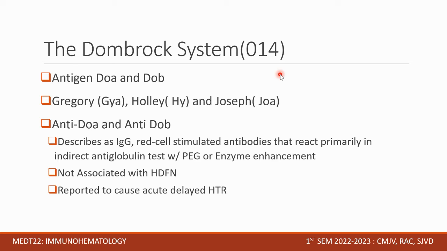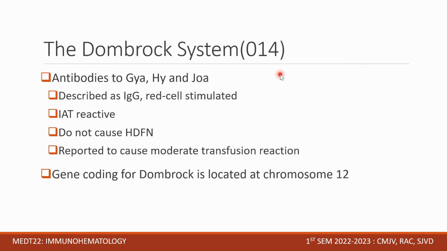However, they are reported to cause acute delayed hemolytic transfusion reaction. However, on the other hand naman, si Gregory and Joseph, they are also IgG, red cell stimulated, then IAT reactive, then does not cause HDFN, and reported to cause moderate transfusion reaction naman. Okay, so the gene for Dombrock is located at chromosome 12.